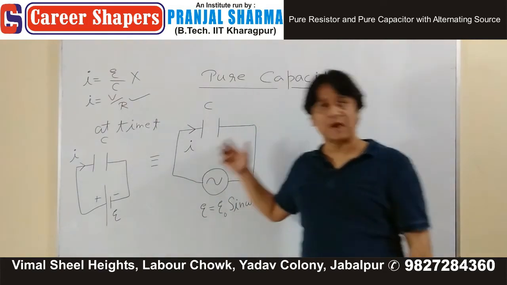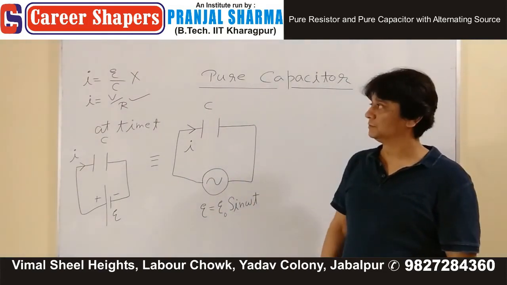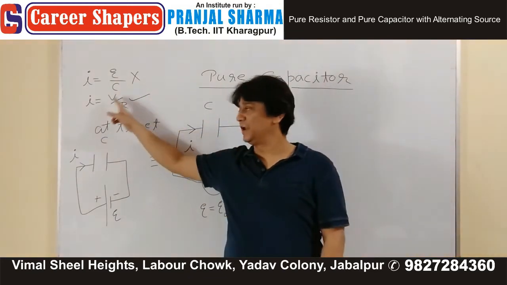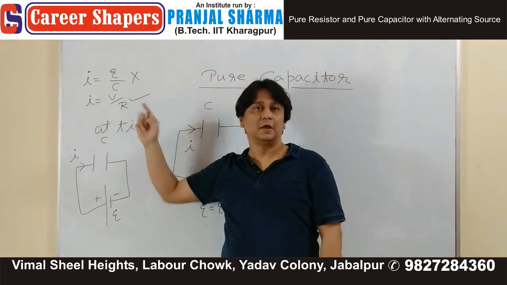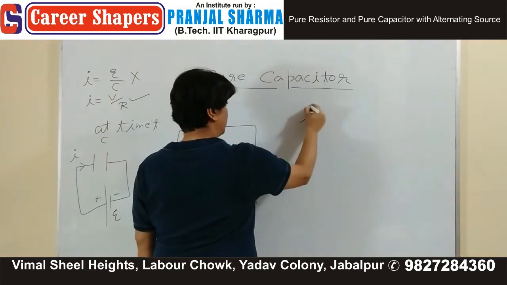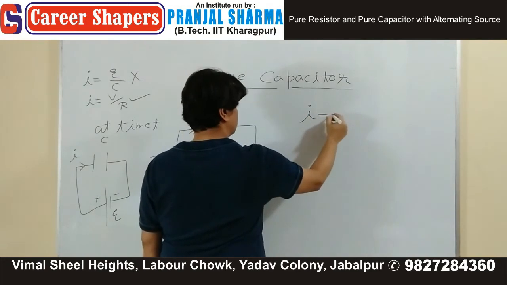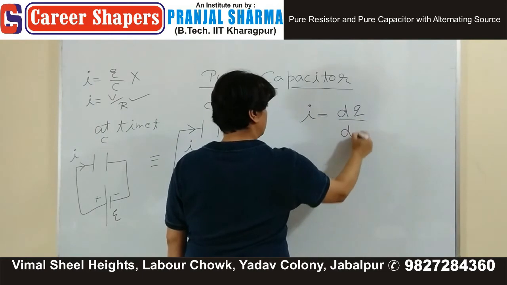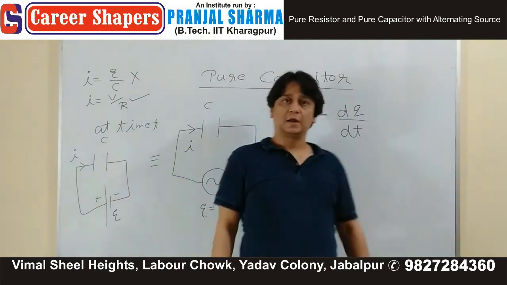Then how do we find current? This is one way of finding current, V by R. And the other method for finding current is, what is I? dq divided by dt.